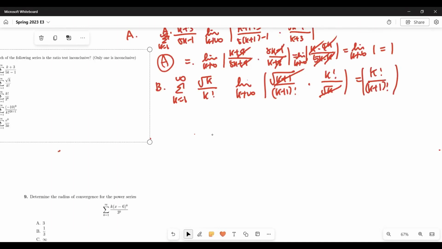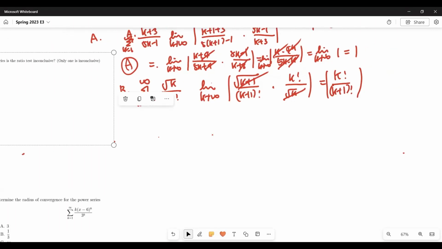If you don't know why this canceled out: whenever you do the ratio test, you just have to check the power, not the number itself. The power for square root of k plus 1 would be the 1/2 power, and the square root of k is also the 1/2 power, so they're the same power and you can cancel them out.